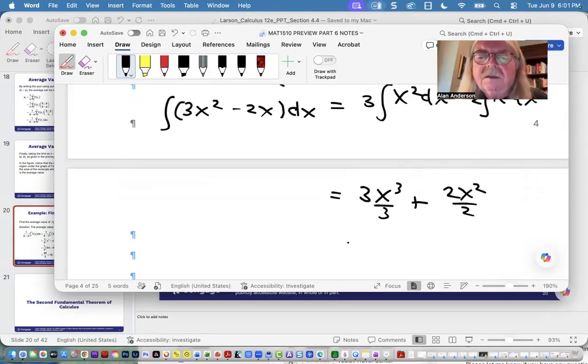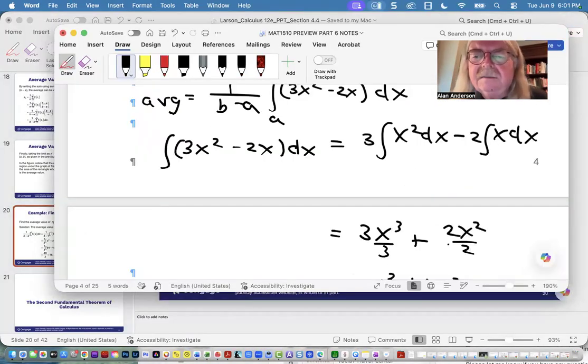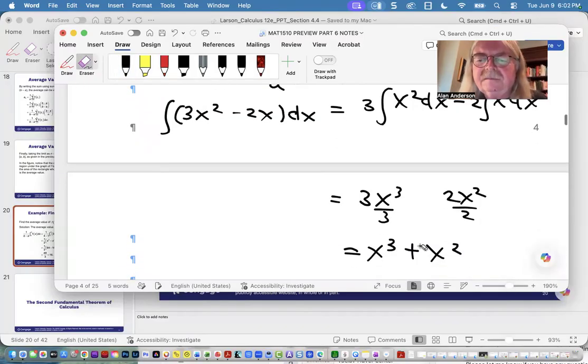Okay, so I end up with x cubed plus x squared. Oh, sorry, not plus, minus. Well, that was close.